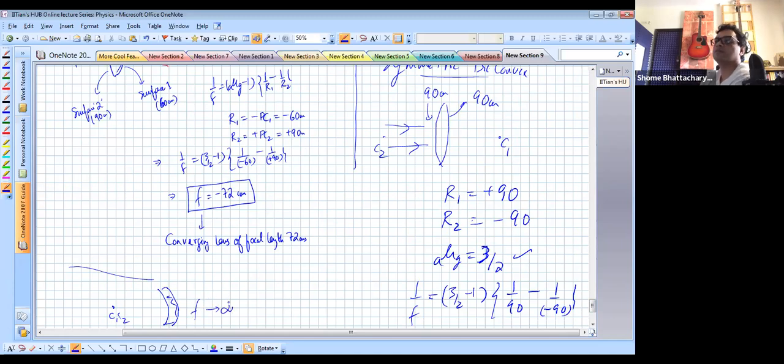Focal length will tend to infinity because 1/f will be 0. And you understand why it happens, because here the emergent ray just comes out parallel to the incident ray. There's a bit of lateral deviation. But then typically we don't treat this like a lens. It's like a thin spherical surface.